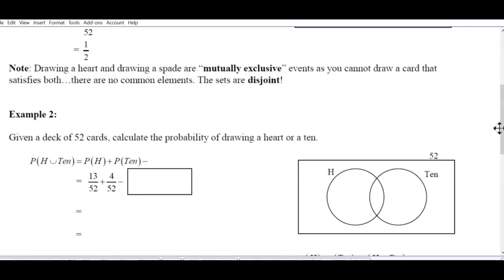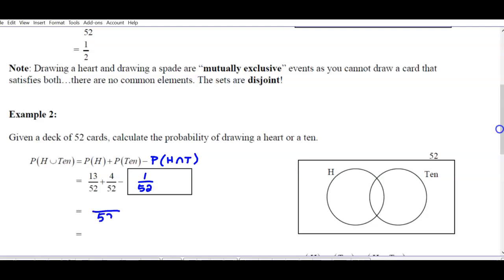Okay, so the probability of a heart is 13 out of 52. There's 4 10s in a deck, so 4 out of 52. And then we have to subtract the 10 of hearts. So we have to subtract the probability of the intersection of hearts and 10s. Okay, so that would be 1 out of 52.